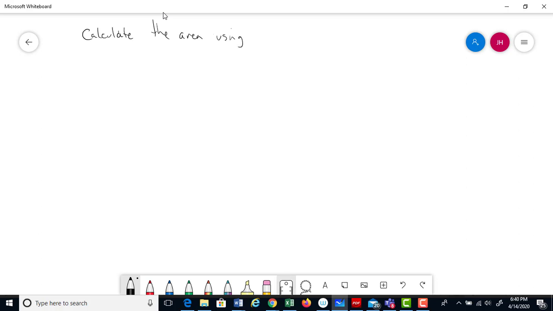I should say estimate the area would be more accurate, because we're not really calculating, we're going to estimate, and 4 rectangles.